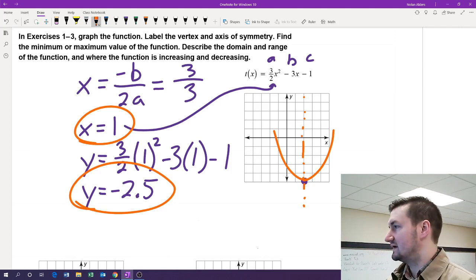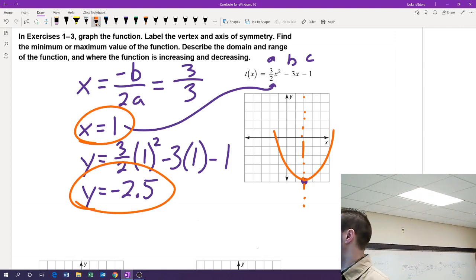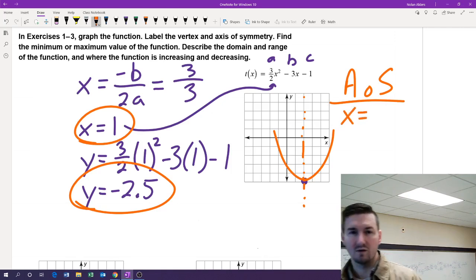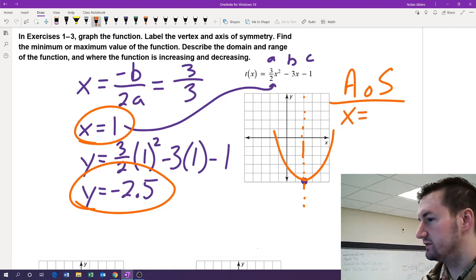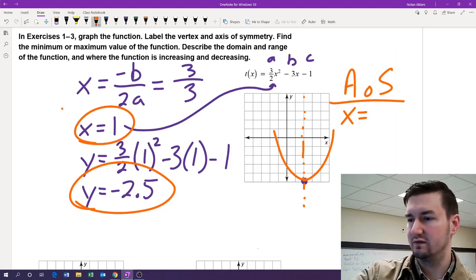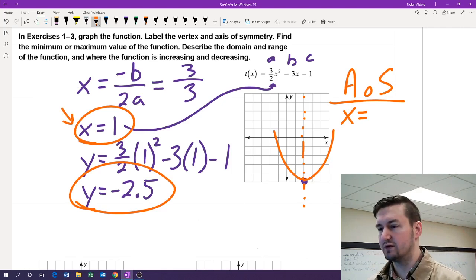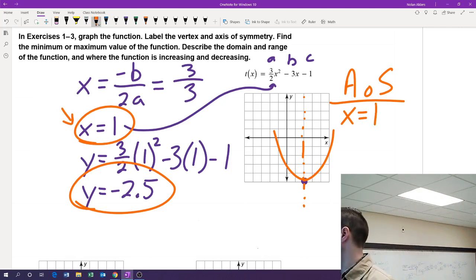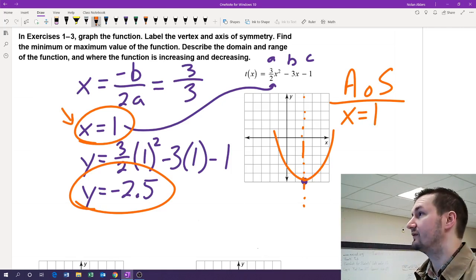The axis of symmetry is just going to be x equals whatever the x-coordinate of your vertex was. Since the x-coordinate was 1, the axis of symmetry is just x equals 1.